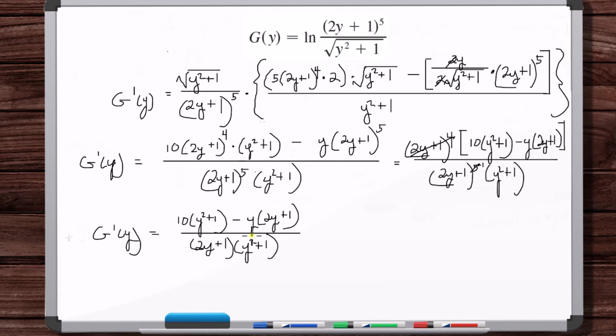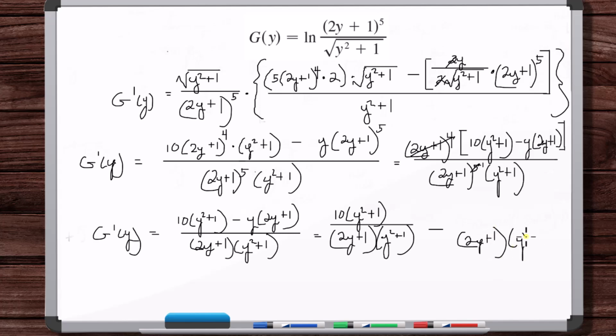Okay, now we could separate this into two separate fractions that are subtracting. So we'll do that, and then here these cancel, and then here these cancel.